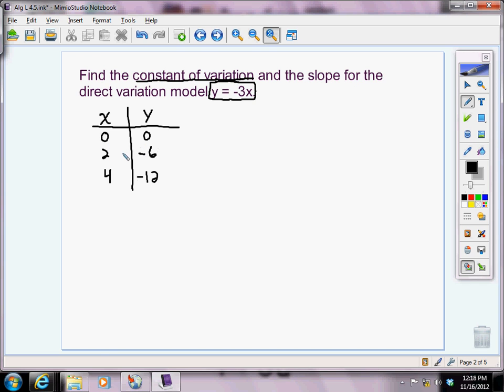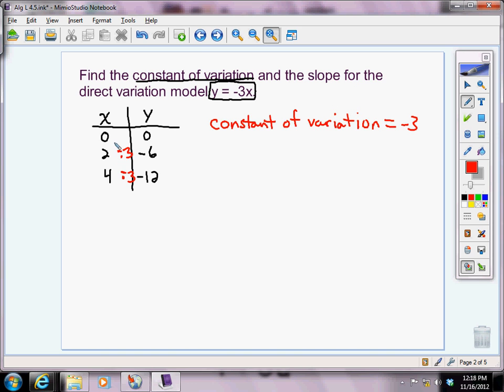We're multiplying by negative 3 every time. So when we say what is our constant of variation, we're asking by how much are we varying every time? We're varying by negative 3 every time. So our constant of variation is negative 3.